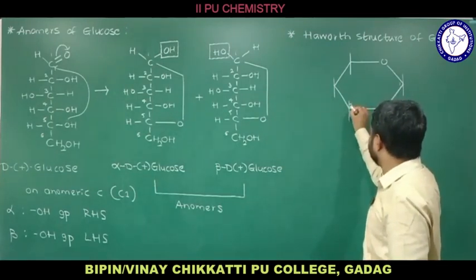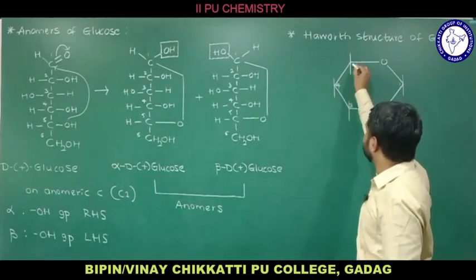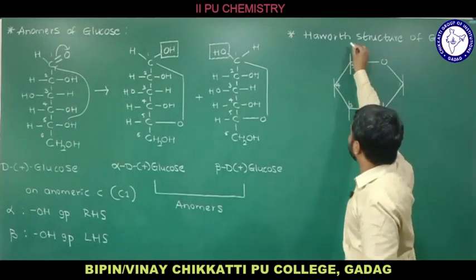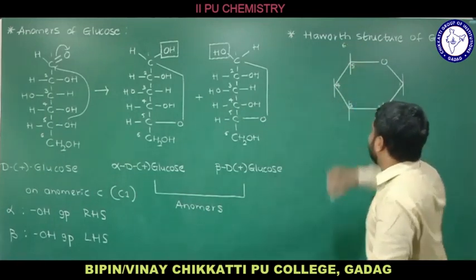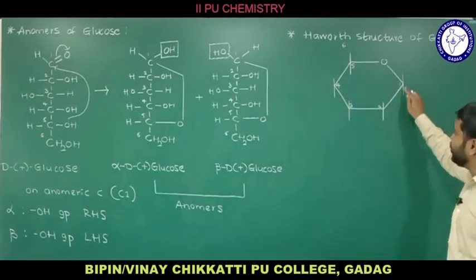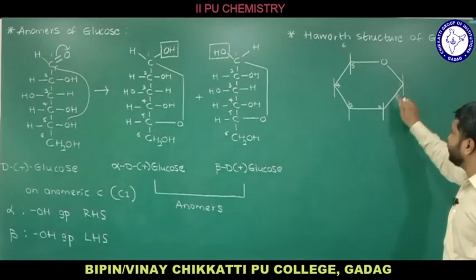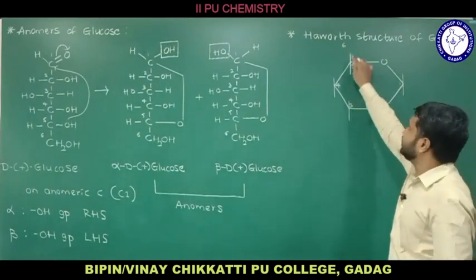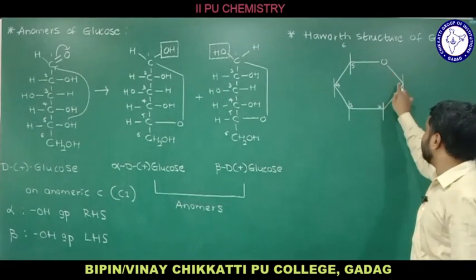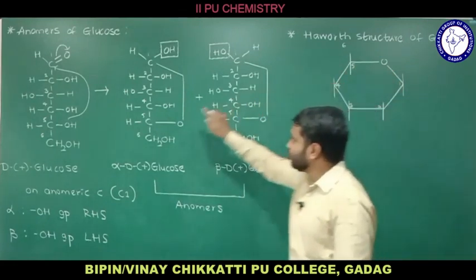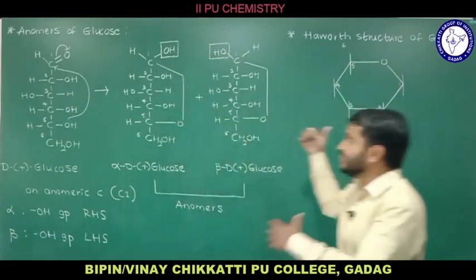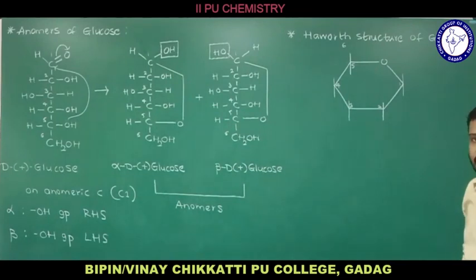This is carbon number 4, and this is carbon number 5, and 6 will be at the top. So the carbon numbering should start from here: 1, 2, 3, 4, 5, 6, and now oxygen is present in between 1 and 5. That is going to satisfy the structure.